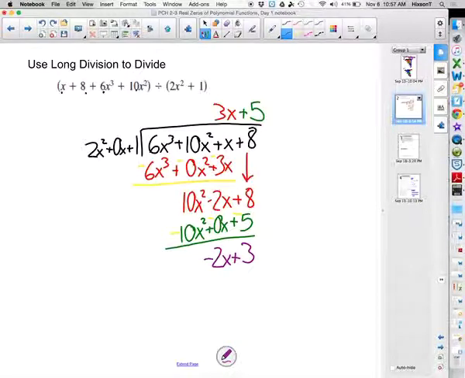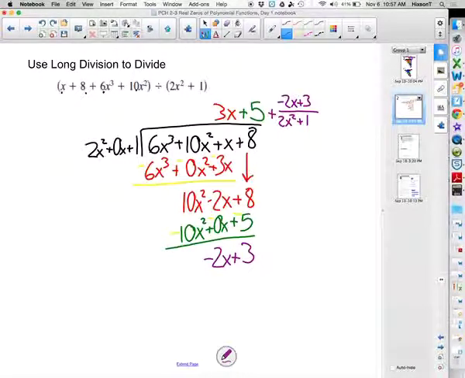So once you get down here and this exponent's smaller than what you're dividing by, you can write your remainder. So we would say plus a negative 2x plus 3 over 2x squared plus 1. We can get rid of the placeholder now.